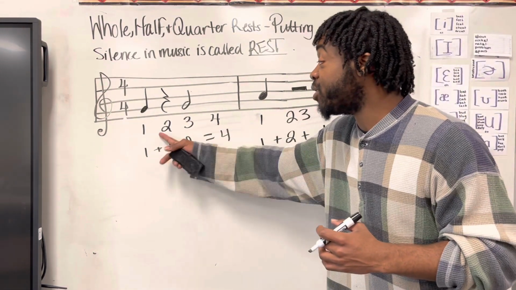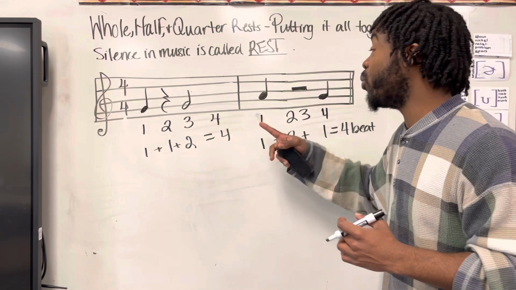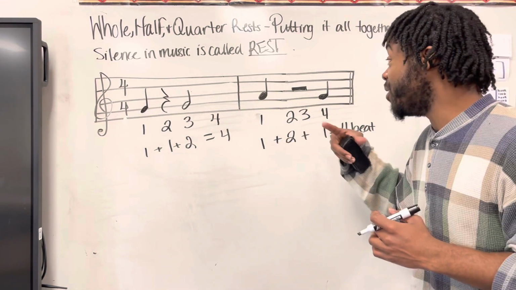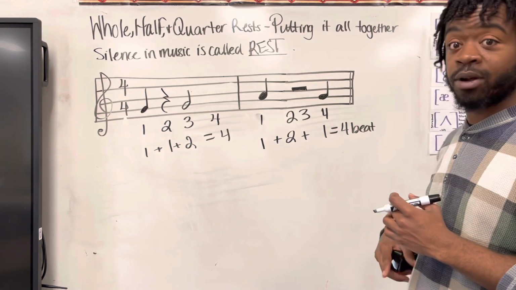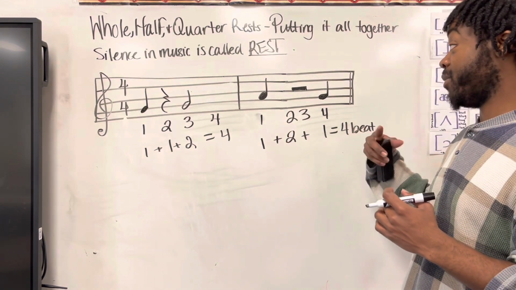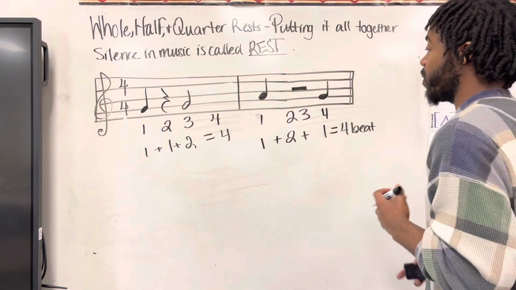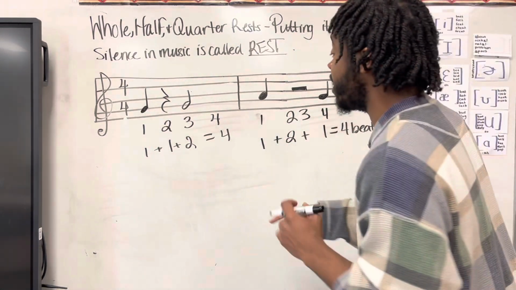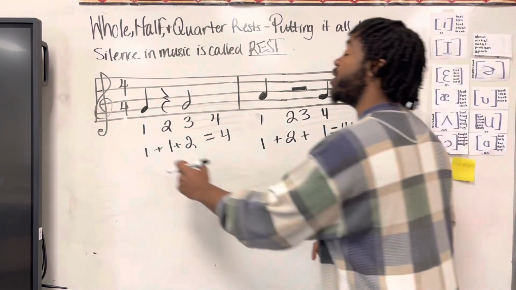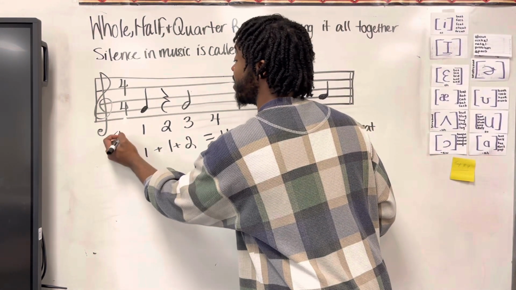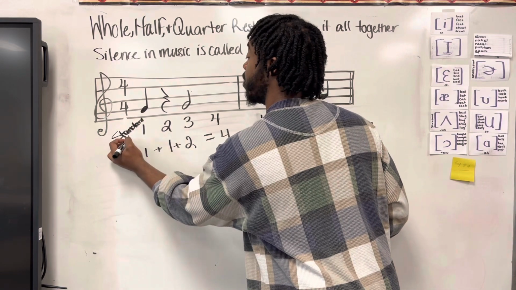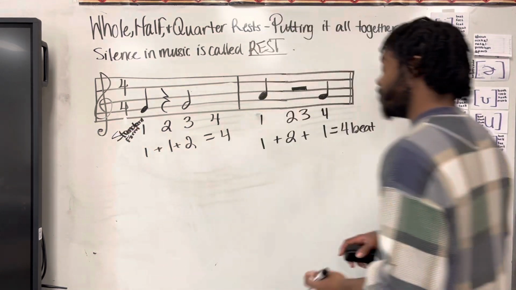So 1, 2, 3, 4, 1, 4. 1, rest, rest, 4. 1, 4. See what I mean? Ta, ta. See what I mean? Make sure that even if you do it this way, make sure that you still write it in the standard form. Okay?